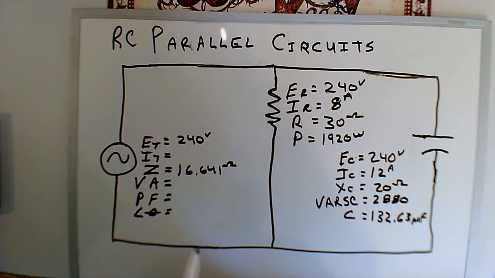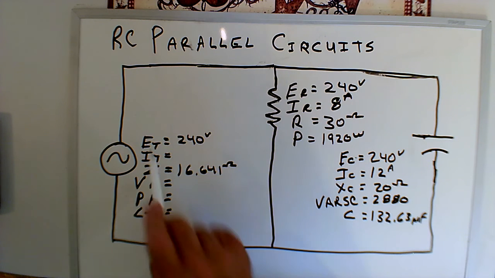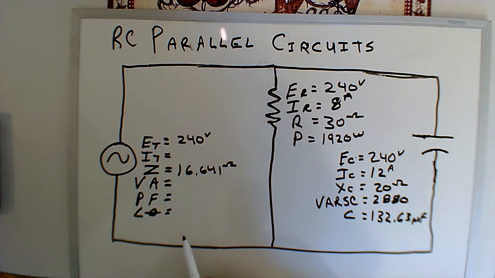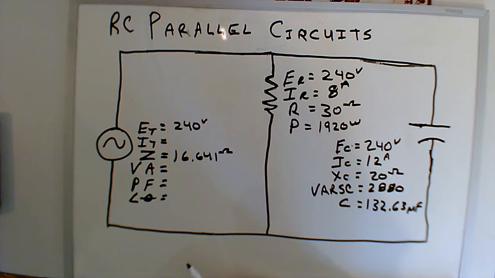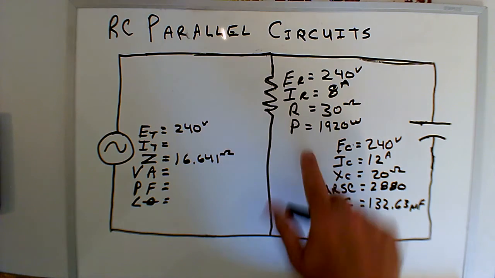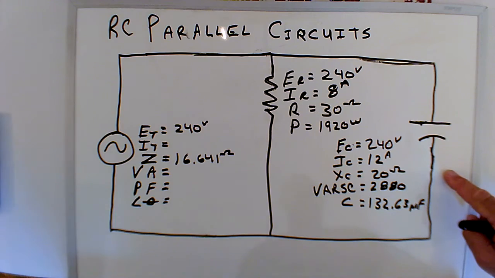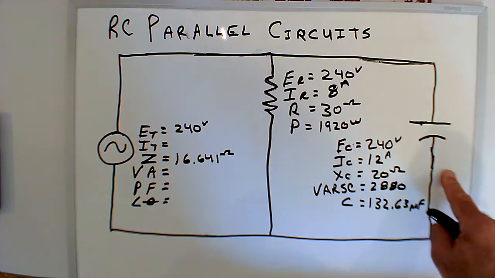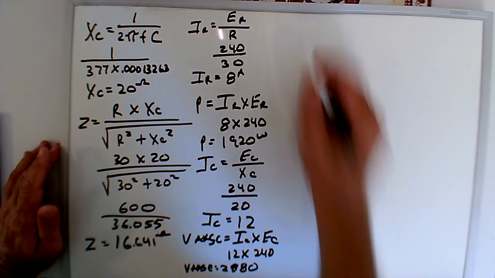So now I could solve for IT by dividing ET by Z. That would be the voltage divided by the total impedance of the circuit. I could solve for that. But there is another way to do that, because the current in this resistor and the current in this capacitor are out of phase 90 degrees. So we can use a different formula. Let's take a look.